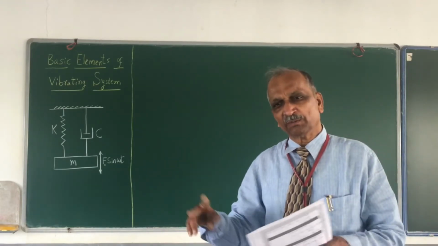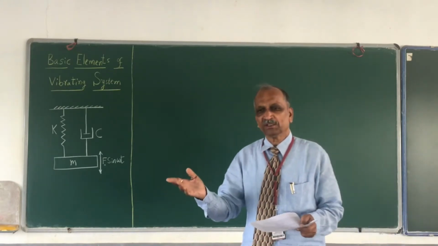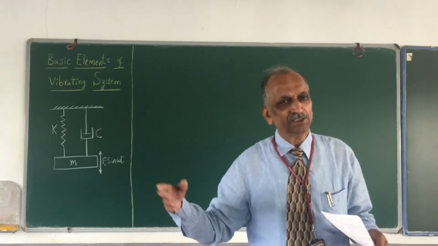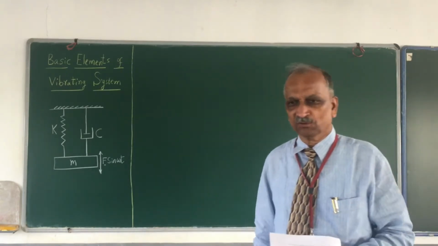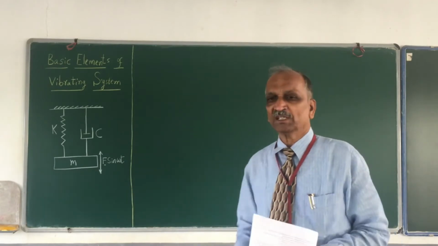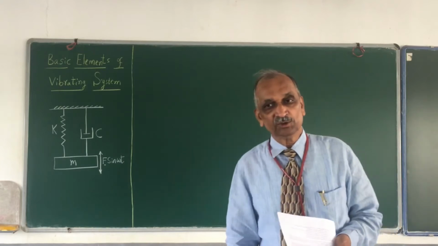So we know that omega is equal to 2 pi f, and there is a relationship between f and T, the time period: f is equal to 1 by T, or T is equal to 1 by f. All those mathematical things are going to be useful once we start the analysis.